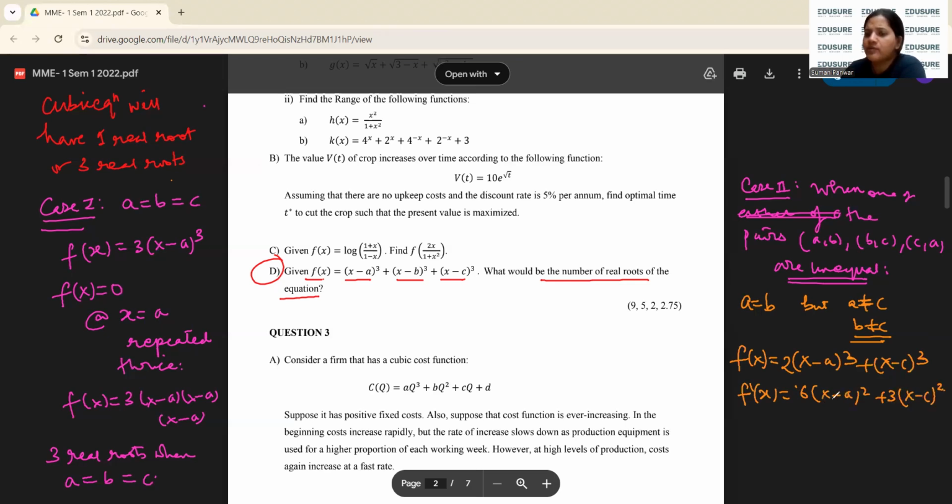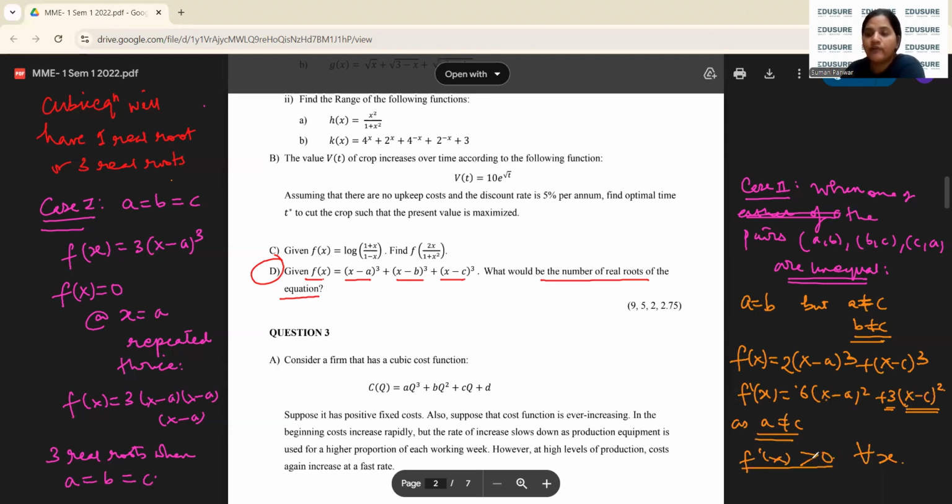As a is not equal to c, your f dash x will be strictly positive for all x. Even if you choose x equals a, this will be 0 plus 3(a minus c) whole square, which is not going to be 0. These are squares multiplied by positive numbers, so f dash x will be strictly positive.